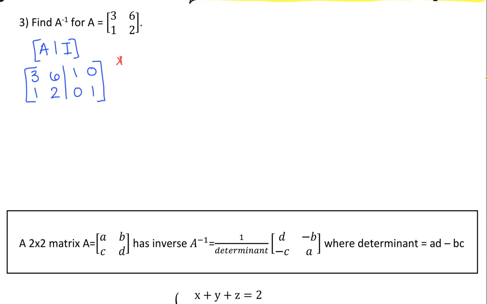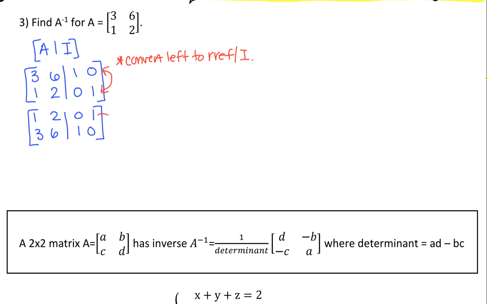Okay, so let me just put a note of that. Convert left to RREF, which is the identity matrix. Okay, so I'm just going to switch because I already have a 1 in my second row. So I'm going to switch those two. So 1, 2, 0, 1. Now I have my leading 1. Fill in the rest of your matrix.